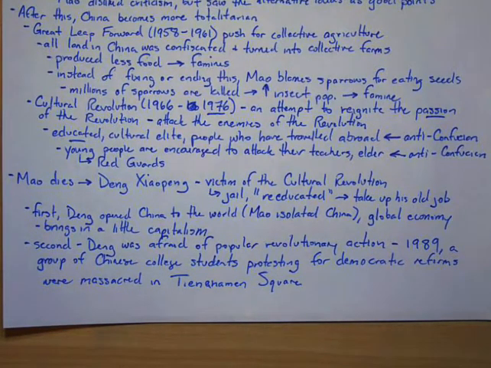So they were protesting in Tiananmen Square, which is right in the middle of Beijing. And Deng Xiaoping sent tanks in to blow up the protesters.